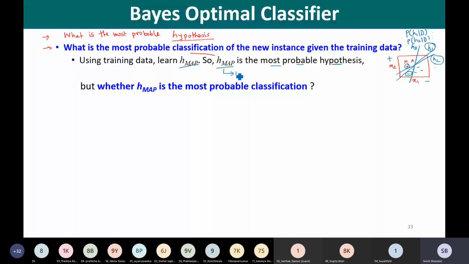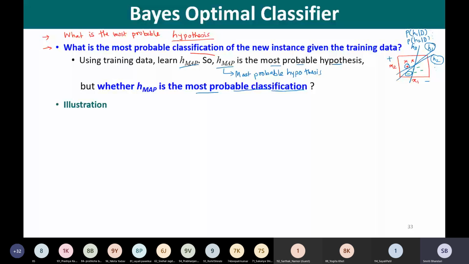Let us see with an example what we mean by that. Suppose we have one hypothesis space H, and this hypothesis space H includes three hypotheses H1, H2 and H3.